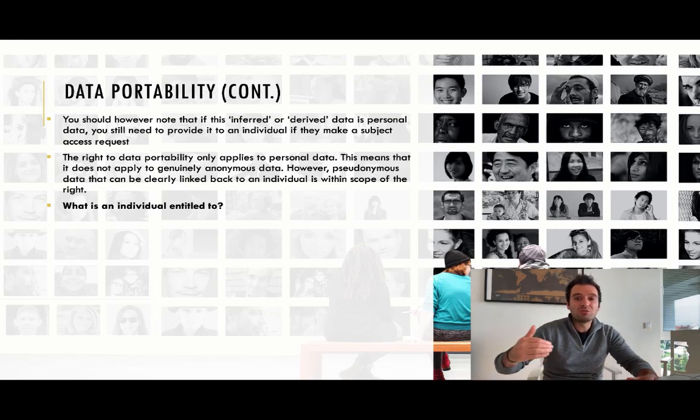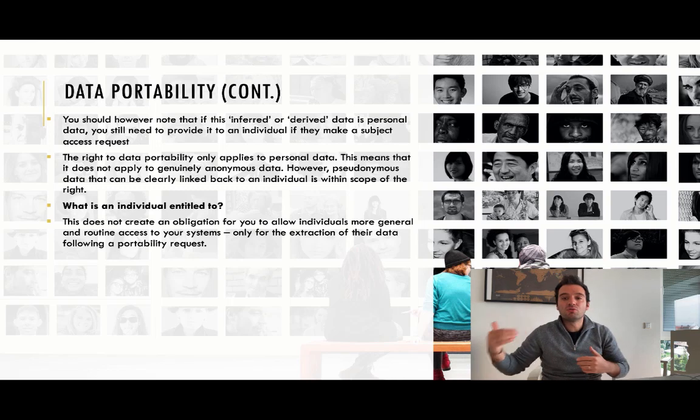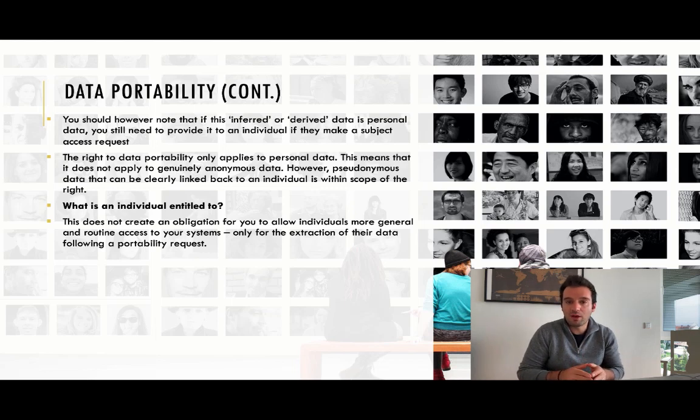This does not create an obligation for you to allow individuals more general and routine access to your systems, only for the extraction of their data following a portability request. You may have a preferred method of providing the information requested depending on the amount and complexity of the data requested. In either case, you need to ensure that the method is secure.